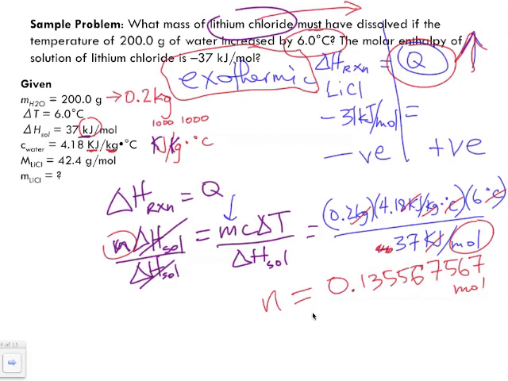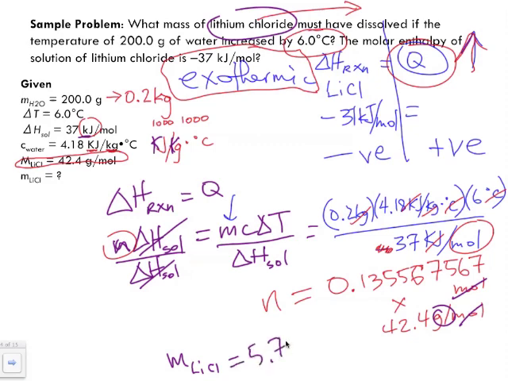So what I'm going to do now, I've got the number of moles, I've got the molar mass, sorry, of lithium chloride, which is 42.4 grams per mole. So I'm going to take this value here and multiply it by 42.4 grams per mole. Again, keeping the units, moles divide out, all I'm left with are grams. So the mass of the lithium chloride is equal to 5.74806 dot dot dot, keeps going, grams.